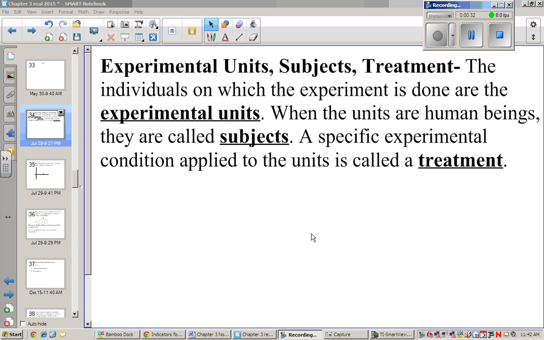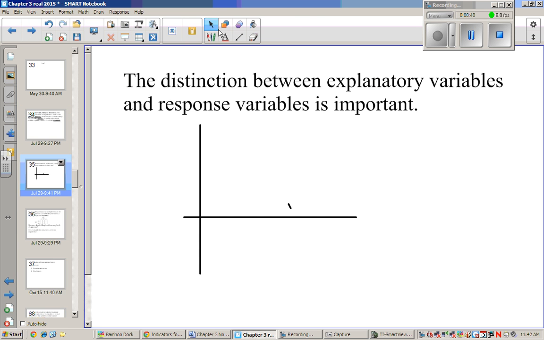So the thing that we're changing from subject to subject, and we want to measure something out of it. So maybe the treatment is a lot of light or no light for a particular experiment.